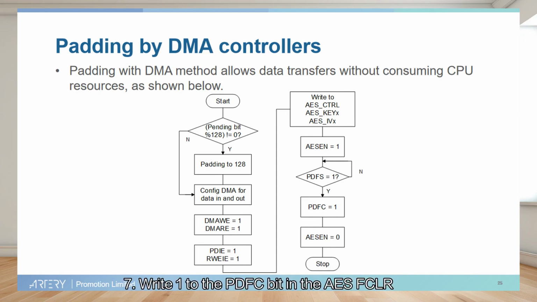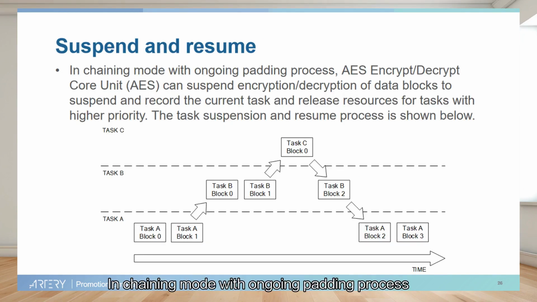7th. Write 1 to the PDFC bit in the AES_FCLR register to clear the PDFS bit, and then reset AES-EN. In chaining mode with an ongoing padding process, the AES encrypt or decrypt core unit can suspend encryption or decryption of data blocks to record the current task and release resources for tasks with higher priority.